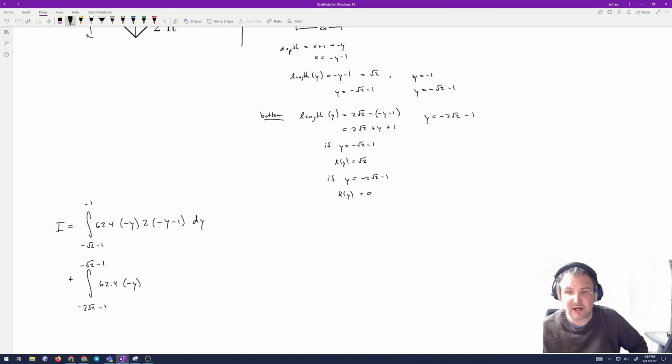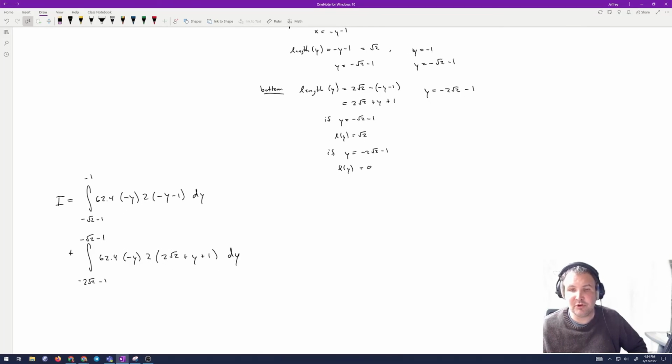It's at minus y. And this time, our function, we're going to have 2 of the length. And our length is going to be 2 root 2 plus y plus 1 dy. And those are 2 polynomial functions that we can integrate, probably with the help of technology. But they're easy antiderivatives to find.